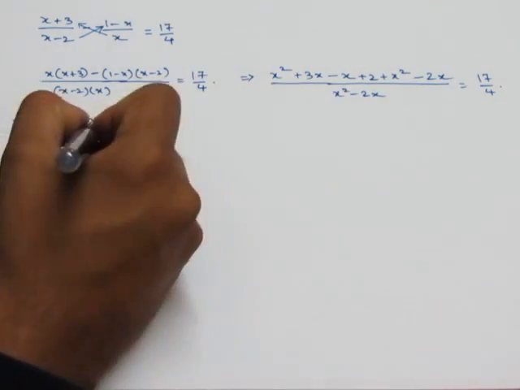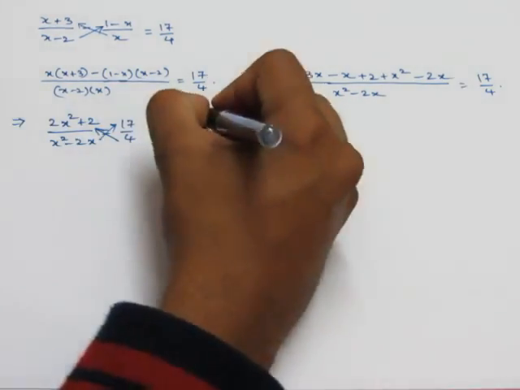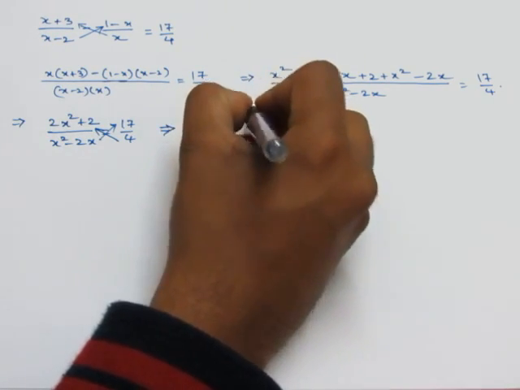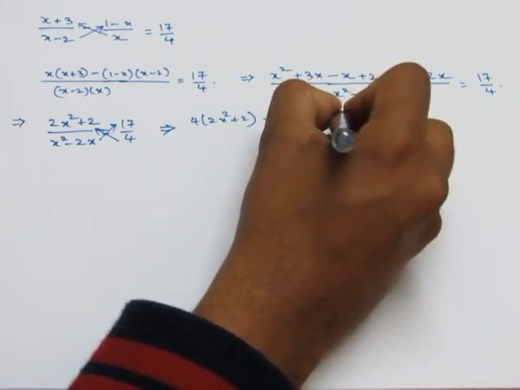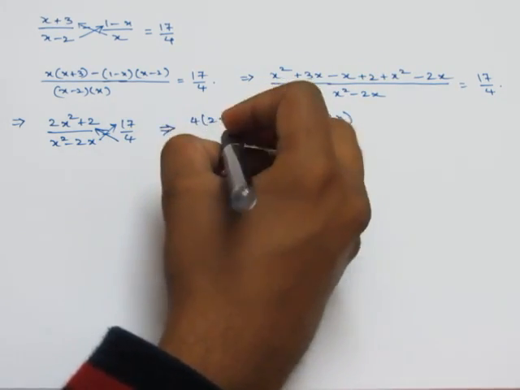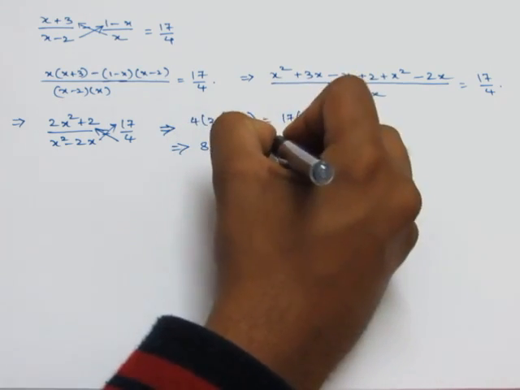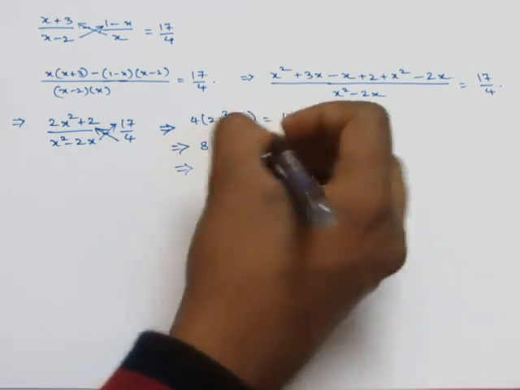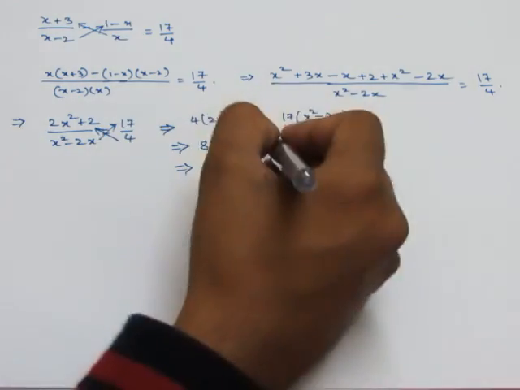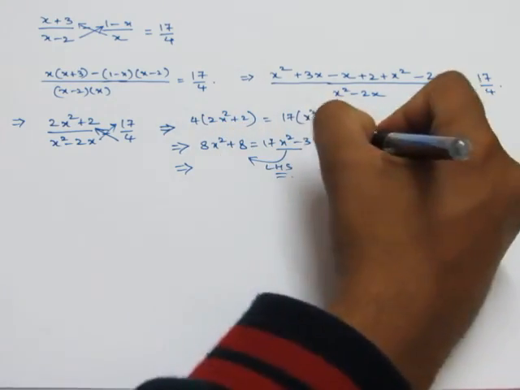Again cross multiplying, I get 4 into (2x square plus 2) is equal to 17 into (x square minus 2x). Upon solving this equation, I get 8x square plus 8 equals 17x square minus 34x. I bring everything to the LHS.